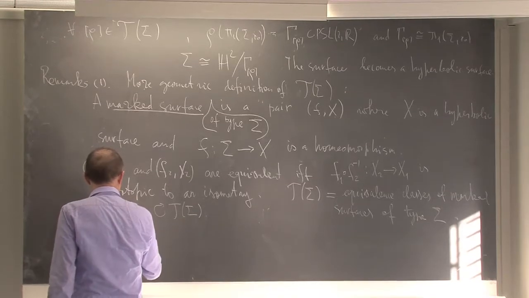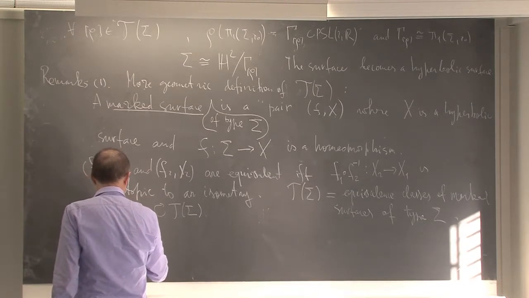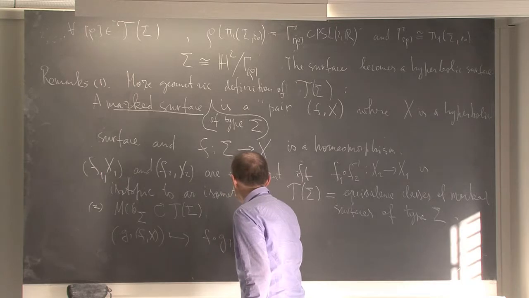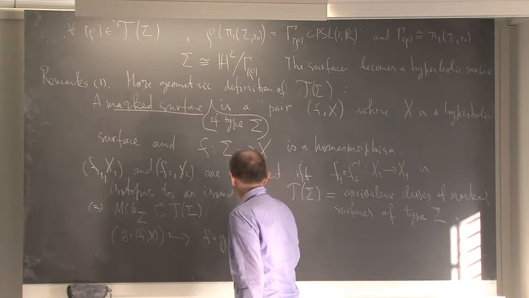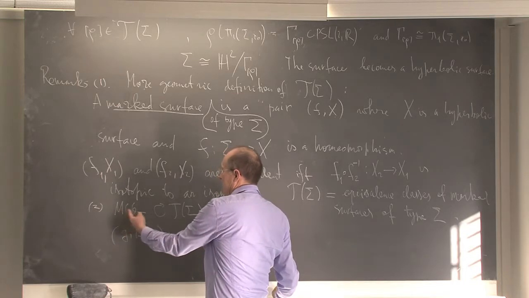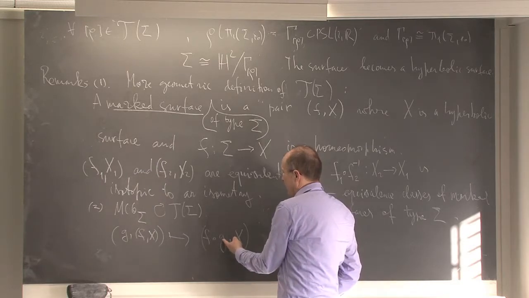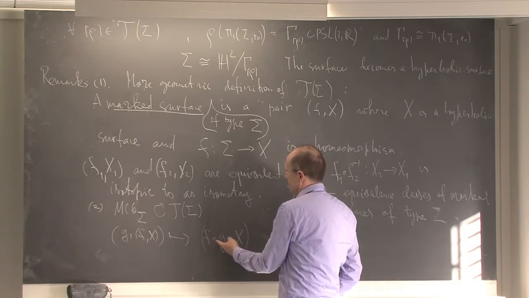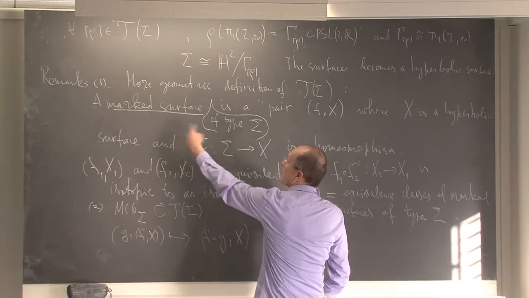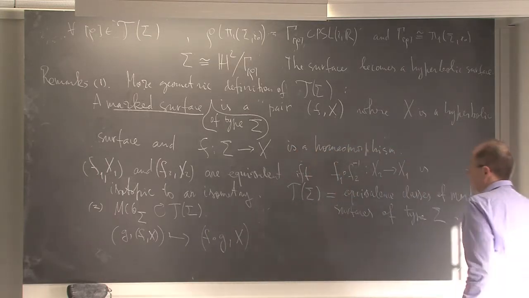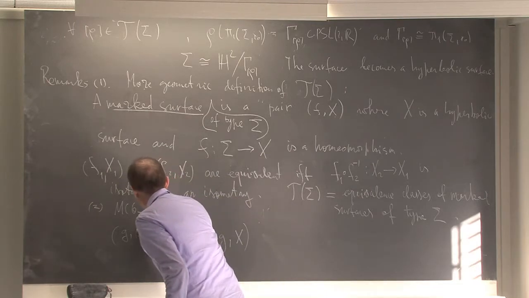So G maps Fx to F composed with Gx, where G is a self-homeomorphism of our surface sigma. We first apply this self-homeomorphism and then apply the F in the marked surface. Then we get another marked surface. Yeah, so we should talk about the equivalence classes.